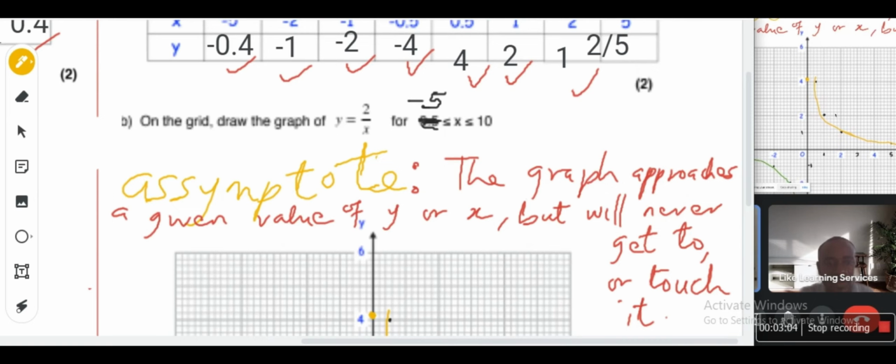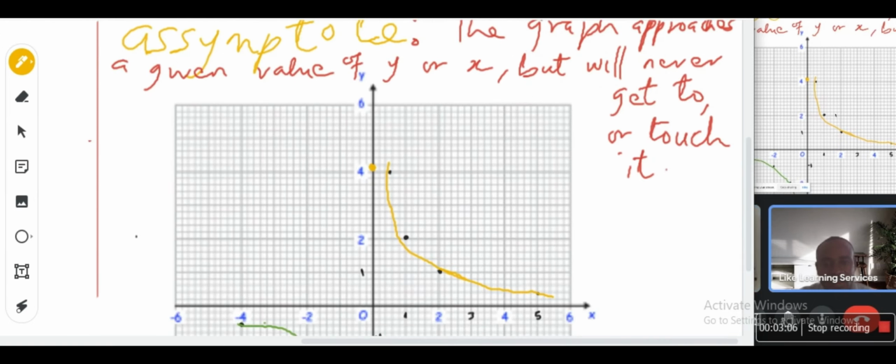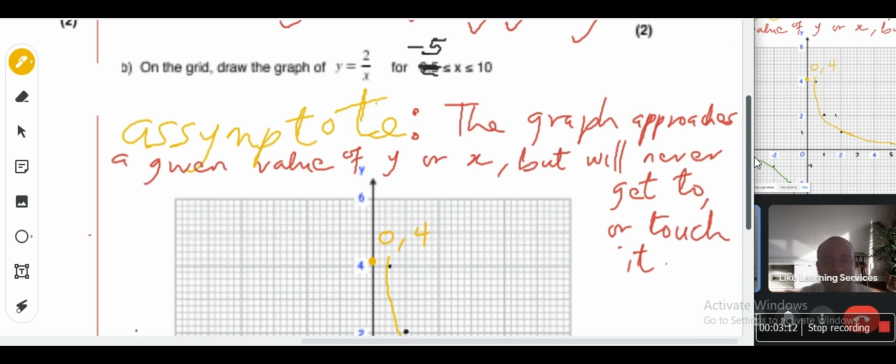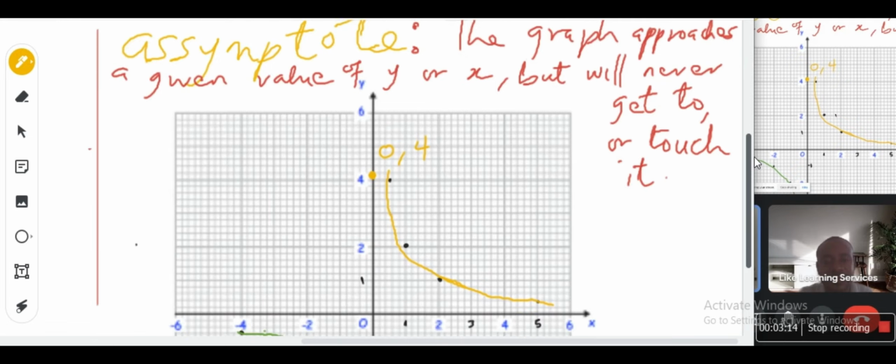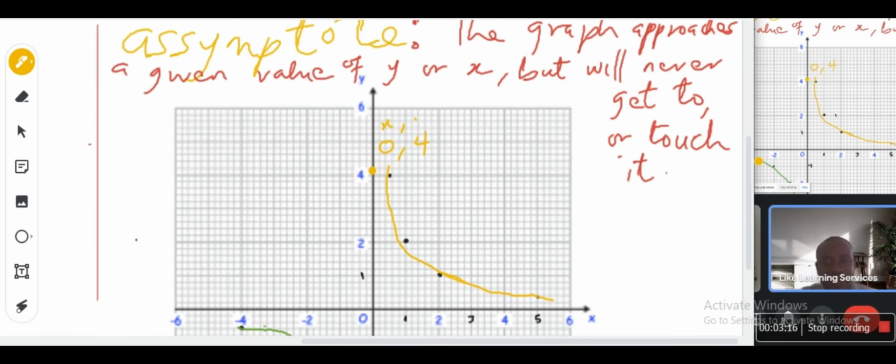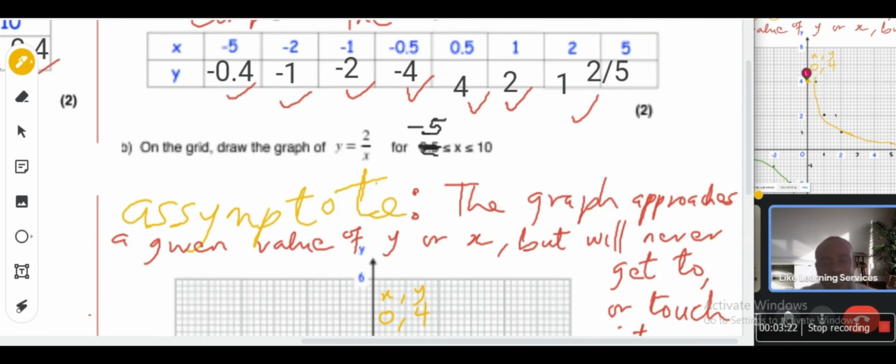0.4. Okay, this particular coordinate is 0.4, right? You know, you name the x value before the y value. That's correct, 0.4. That's this coordinate here. Think about this equation.